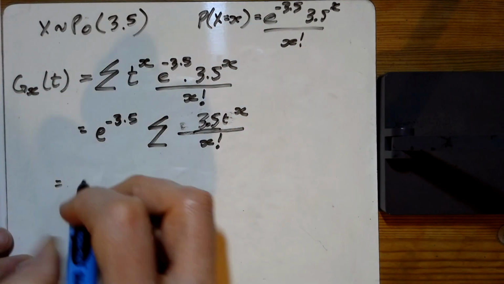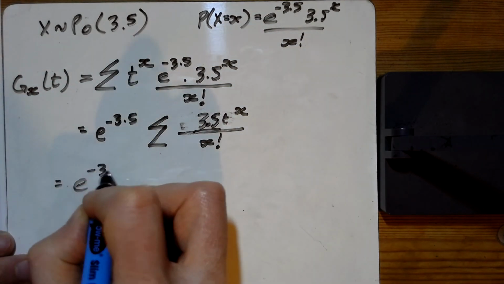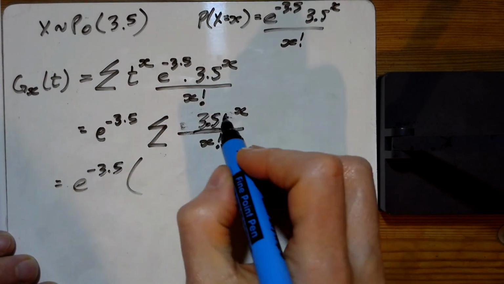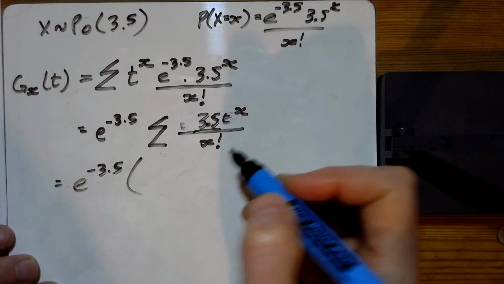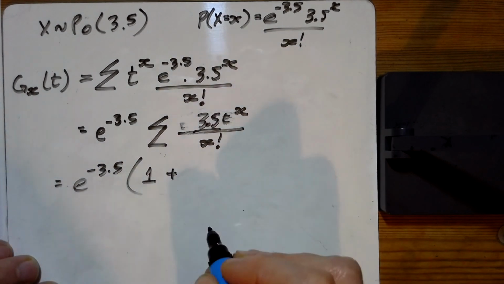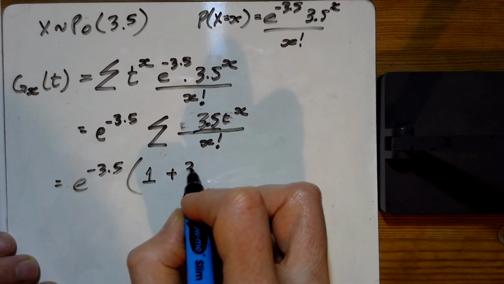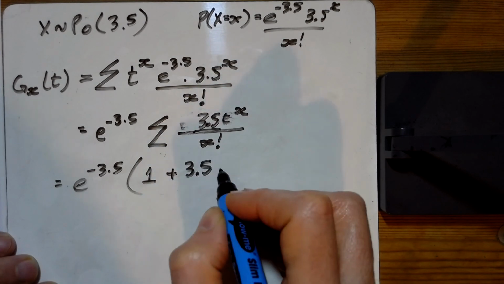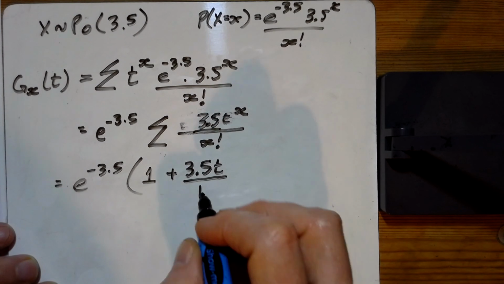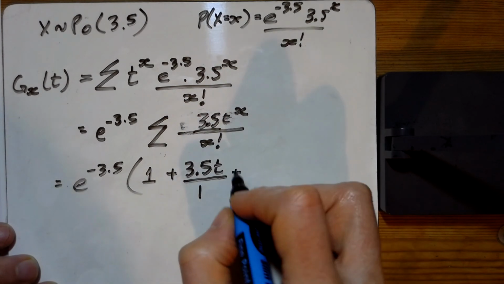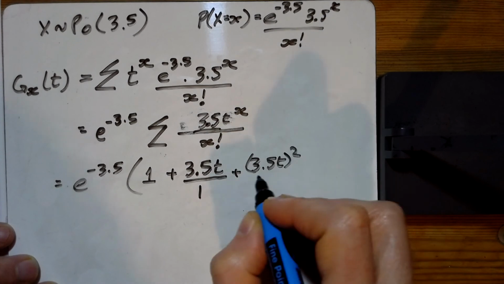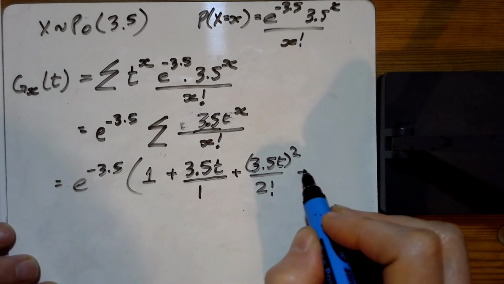Now let's think about what this summation means. We're adding up to infinity, but starting with 0, sticking a 0 in here. So anything to the power of 0, that's going to be 1, isn't it? And then putting a 1 into this, we've got 3.5t to the power of 1 over 1. Then we've got 3.5t squared over 2 factorial.